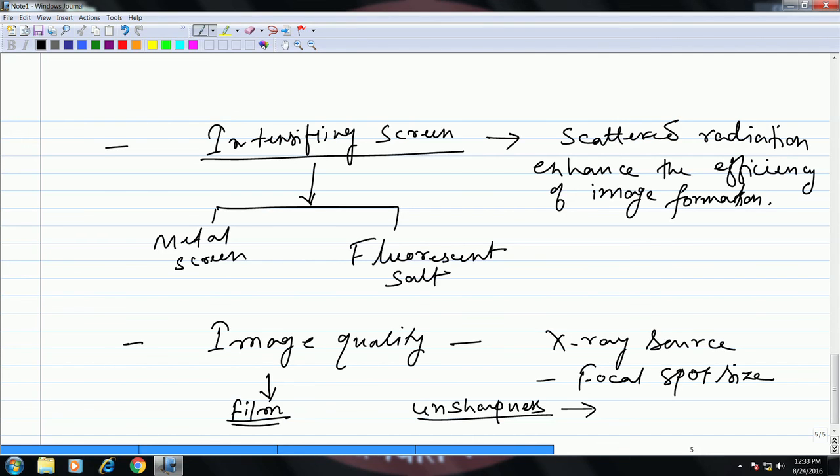So, with regard to the film, as we have discussed, you need a high value of gradient G and you need fine graininess. Okay, so these are the things that we have learned so far about the X-ray radiography technique, and the rest of the things that we have for this particular technique will be taken up in the future lectures.